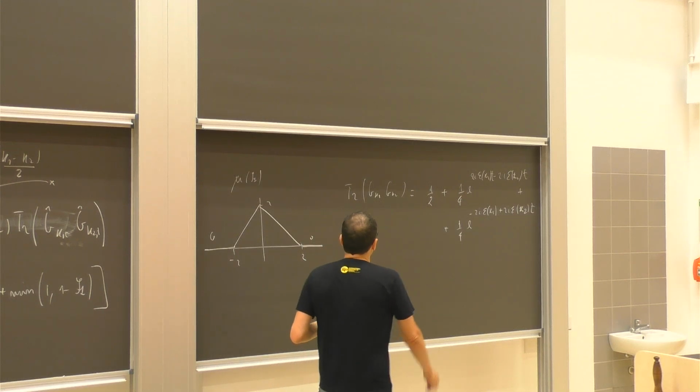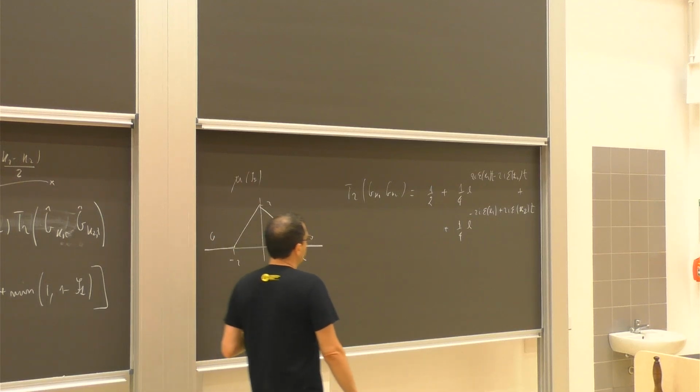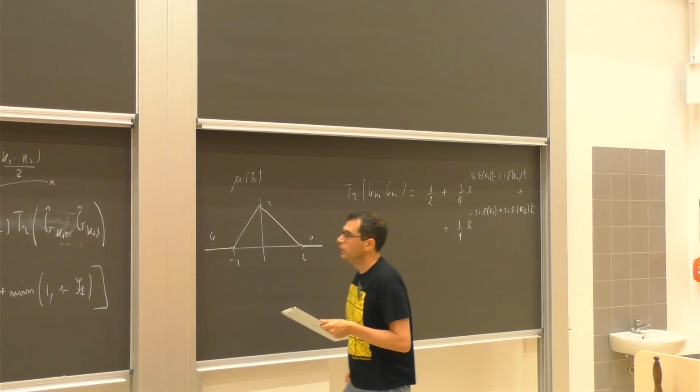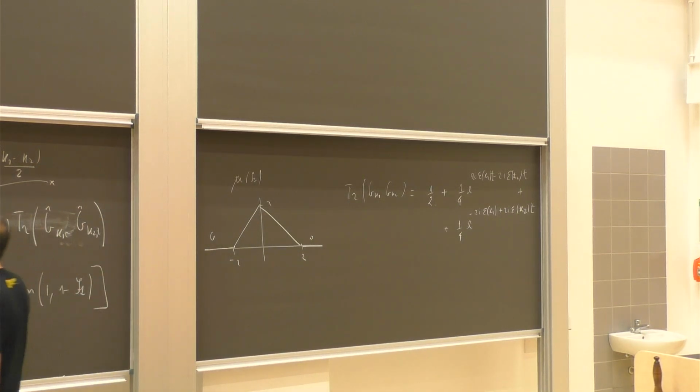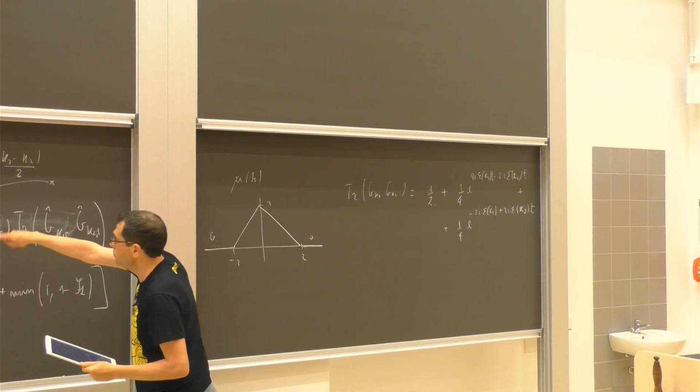If we do this integral here, taking only into account this 1/2, then the stationary phase approximation tells you that this z1 has to be 0, and then this mu is equal to 2.